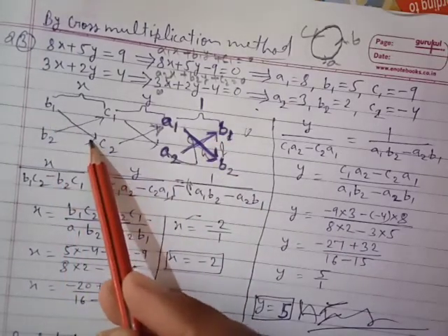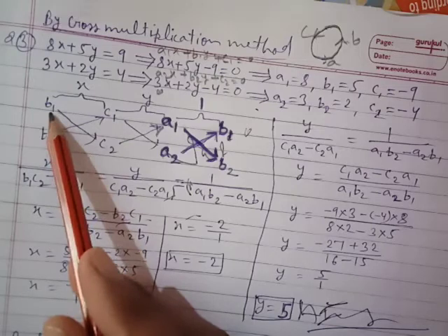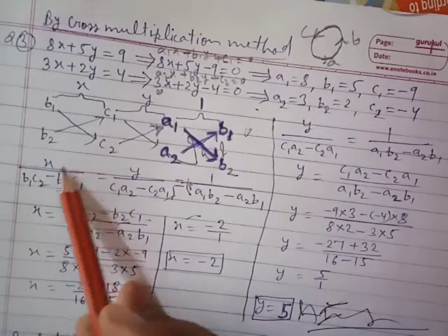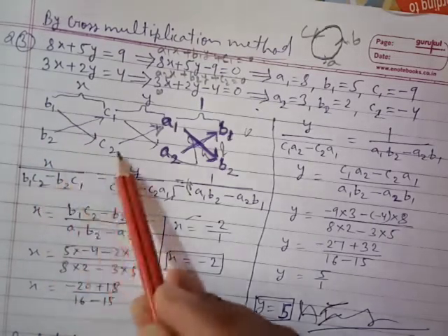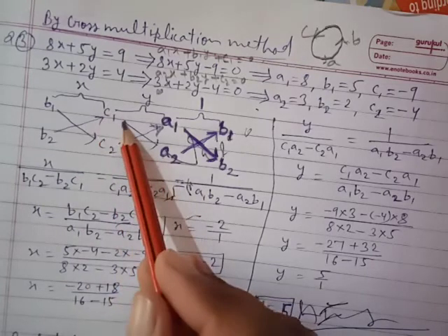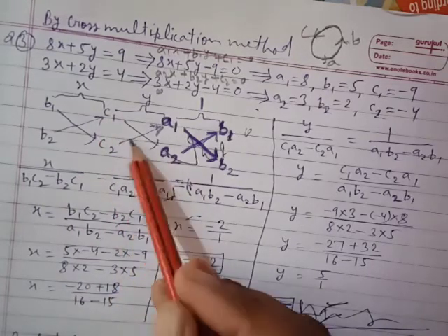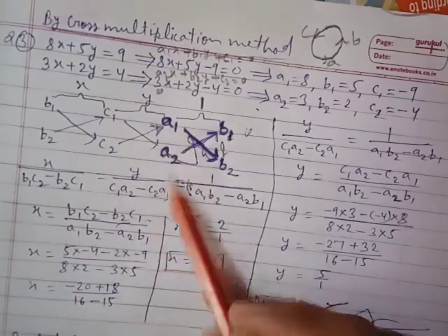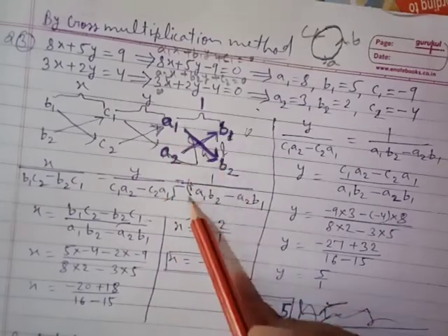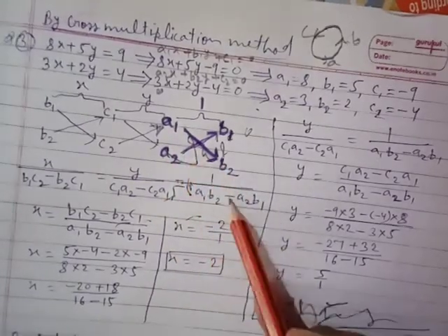When arrows are downward, you multiply with the sign plus. So b1 c2 minus b2 c1, c1 a2 minus c2 a1, a1 b2 minus a2 b1.